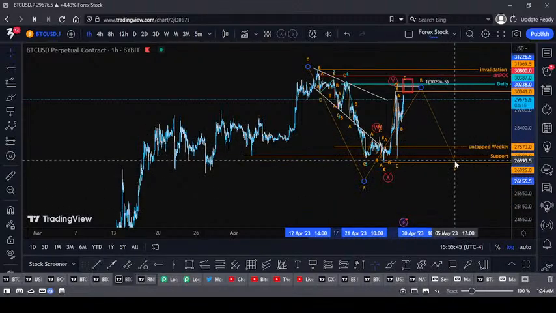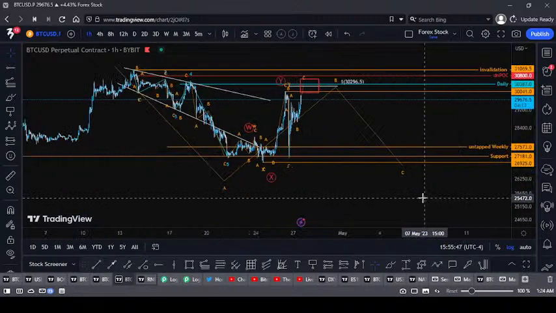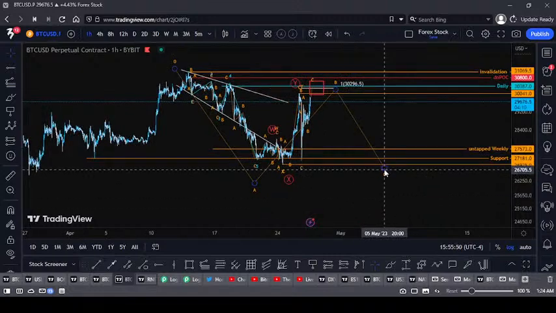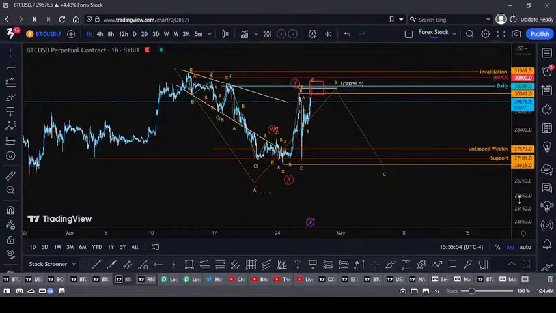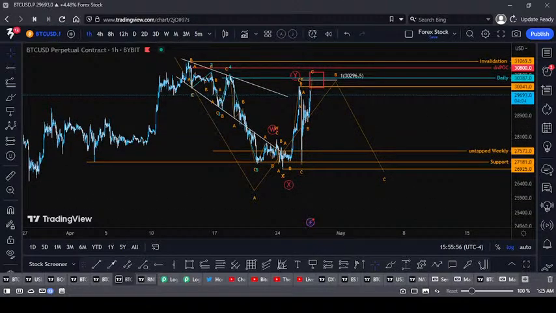It can be a flat or a running flat, what we call a correction. If you don't know about running flats and stuff like that, you can simply search for it, and you can see the regular, irregular, and running flat.